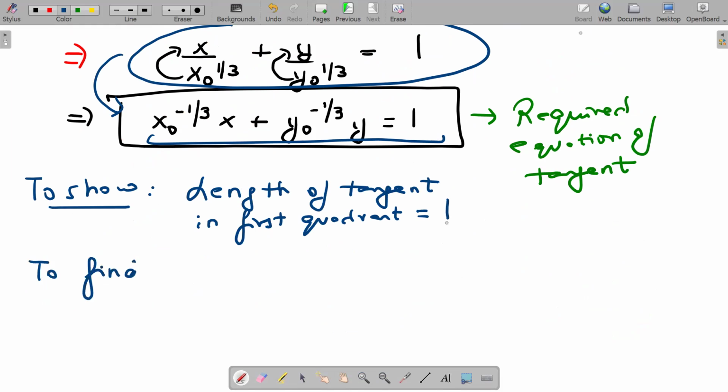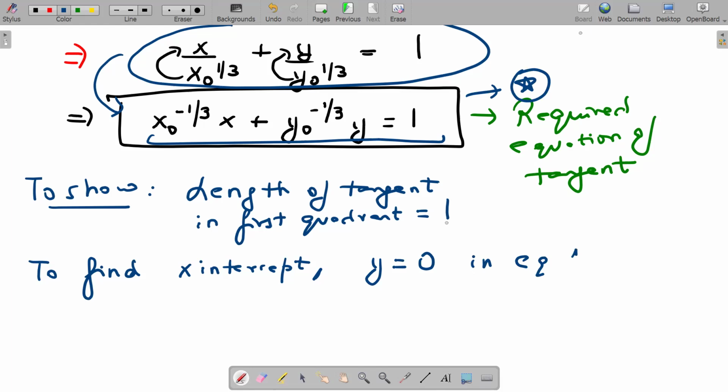To find the x-intercept, I put y as 0 in equation star. If I put y as 0, I get x0 to the negative 1/3 times x plus 0 equals 1, because if I put y as 0, the whole thing is 0. So what will x be?